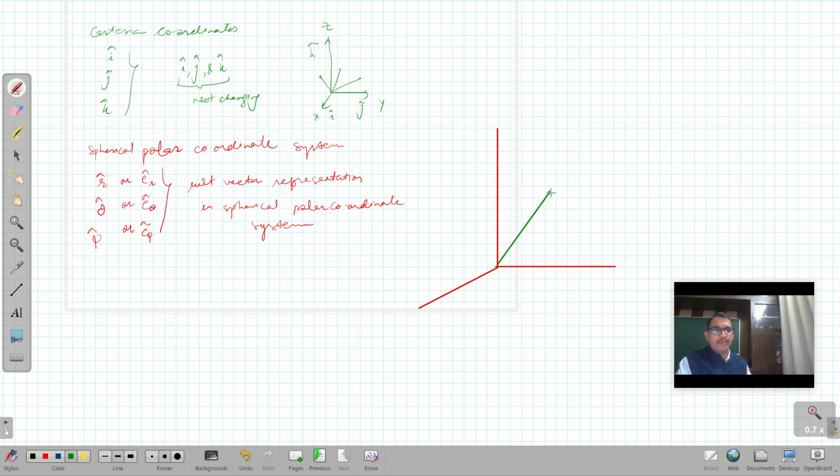So the particle is placed at point P, and at this point this is the direction of the r vector. So let us call it r cap.